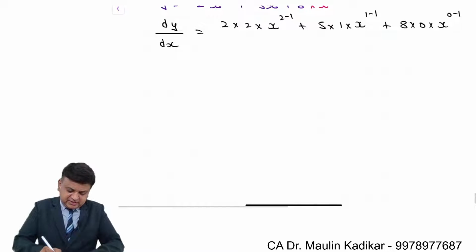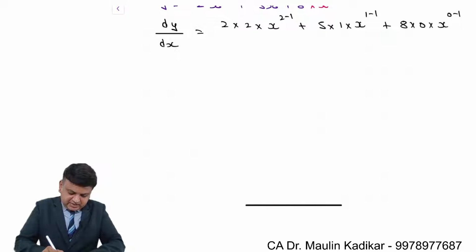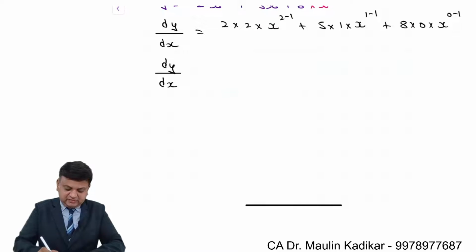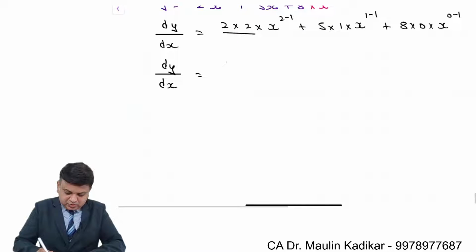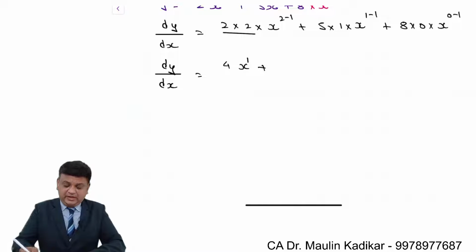So we understand that dy upon dx, that is the change in the value of y with a change in the value of x, is equal to 2 into 2, that comes to 4. So it is 4 into x raised to 1 plus 5 into 1, that is 5, x raised to 0, so that will become 1, so plus 5.